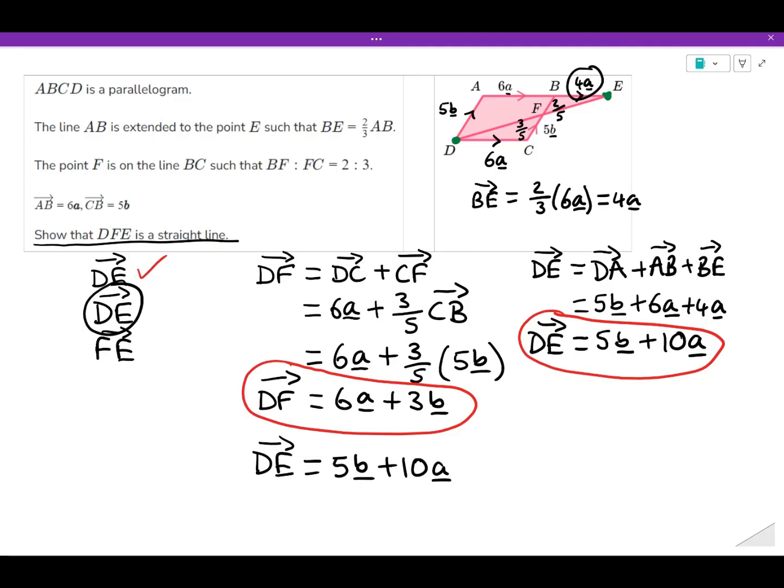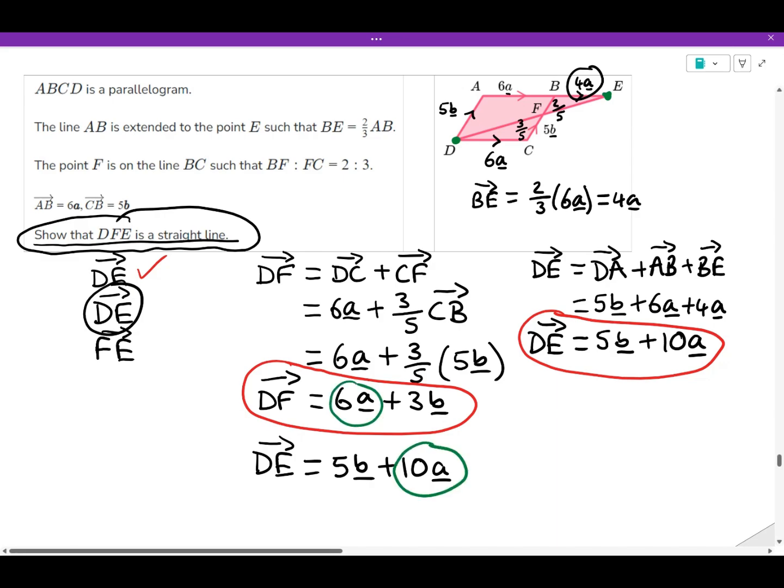And now what we have to consider is are D to F and D to E scalar multiples of each other. Given that this is going to be a straight line, they should be if I have done things correctly. So the question is then, if we consider our A's, we've got 6A in our first vector here. We've got 10A down here. What do I multiply 6 by to get to 10?